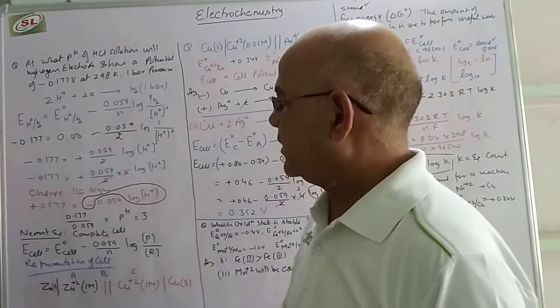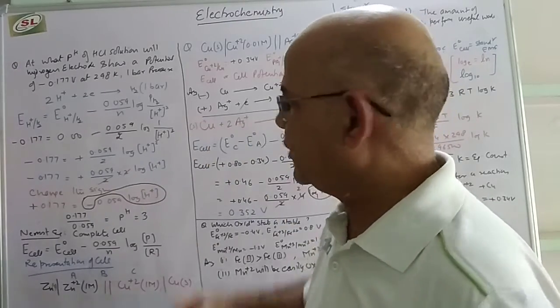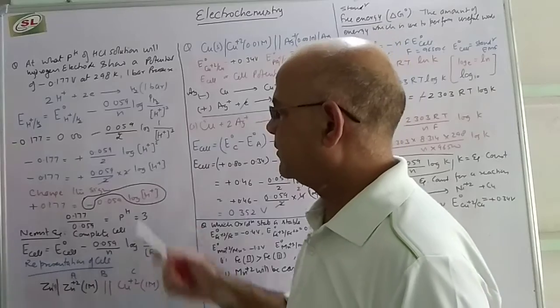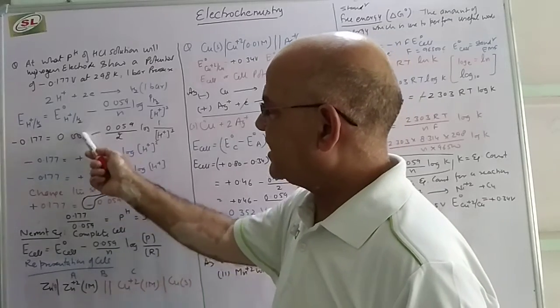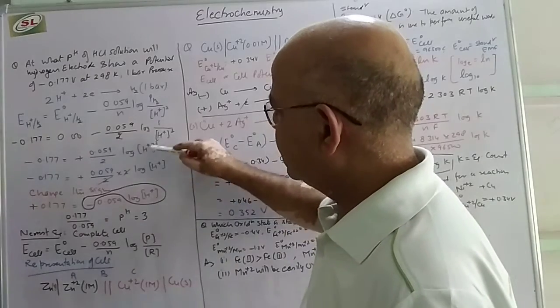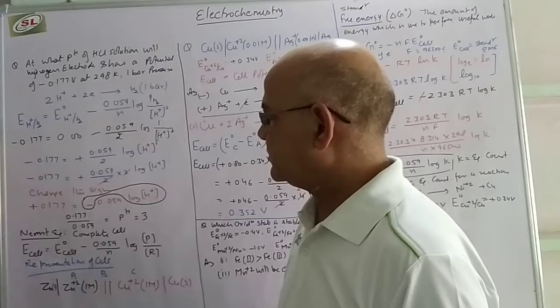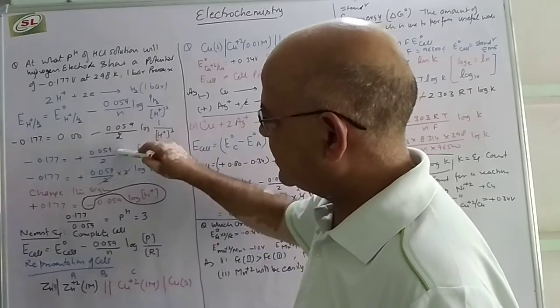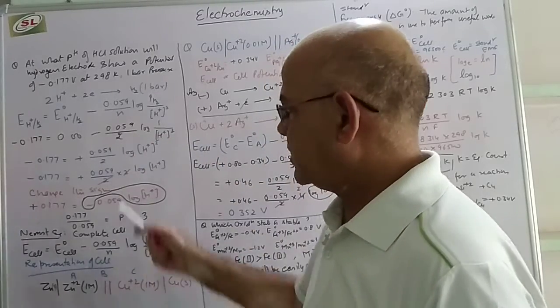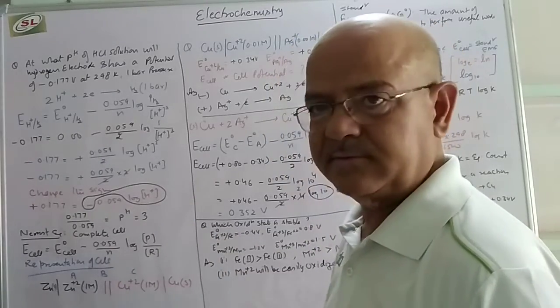Now the H+ square we will take up in the numerator, so the negative sign will change to positive. In log it will become log H+ square. Now the power of H+ will come out, so 2 cancels and it becomes log of H+ only.